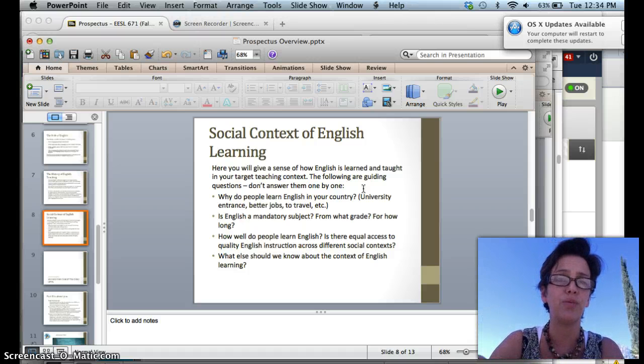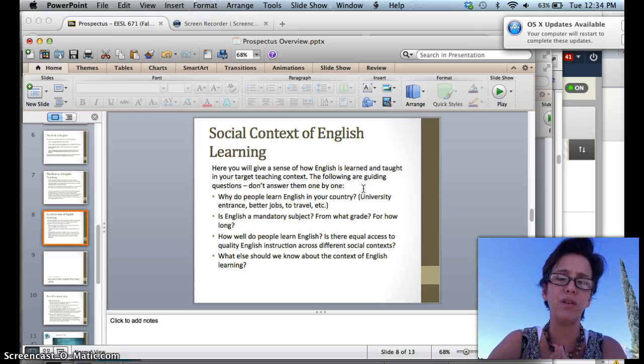For example, in Korea, I know that the TOEFL is very important in getting jobs. In many societies, you have to pass an entrance exam to get into the university, and various other reasons. Or do people want to actually take the TOEFL and study in the United States? Is that the goal? So what's happening with English learning in your context?